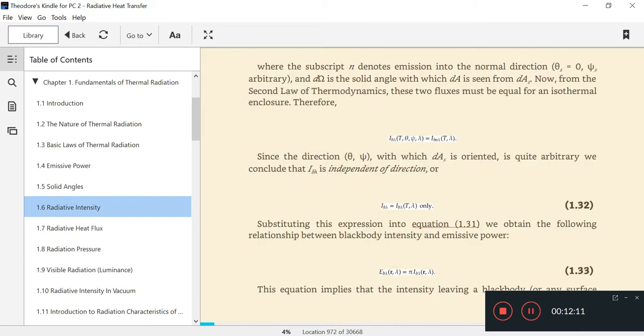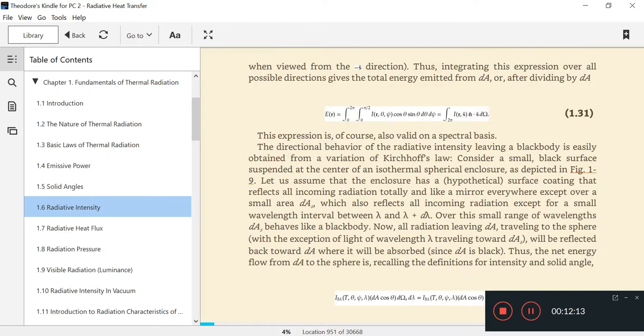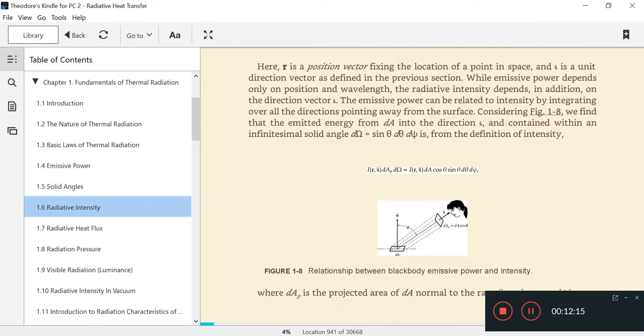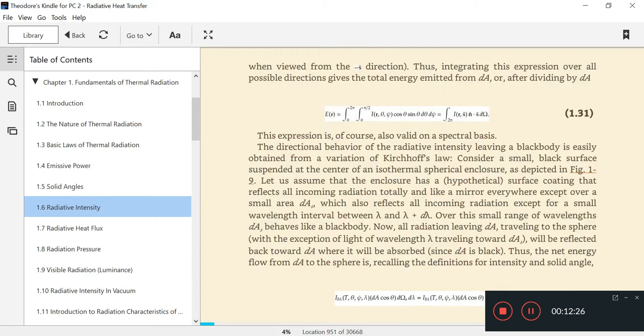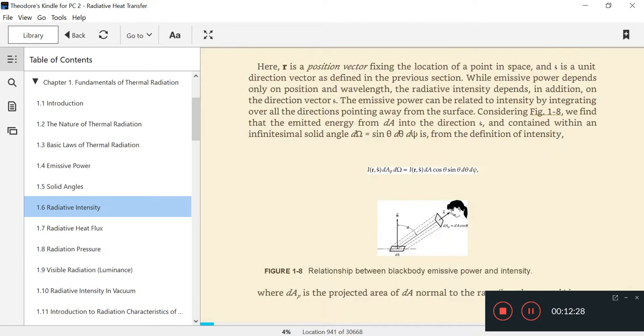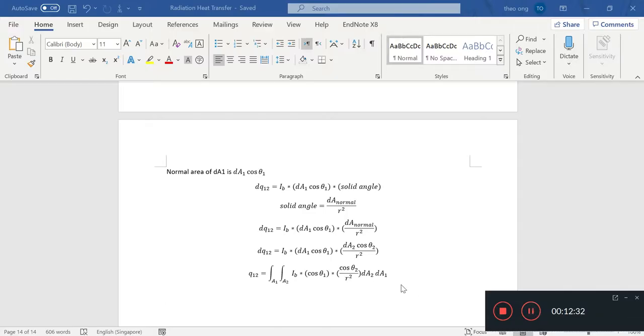Let's go back to our little Lambert's law. The next step is of course to find out this IB, and we'll do it in the next video.